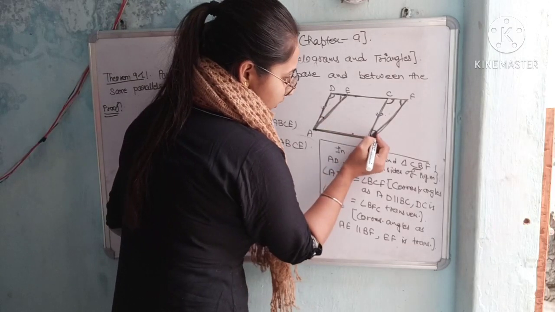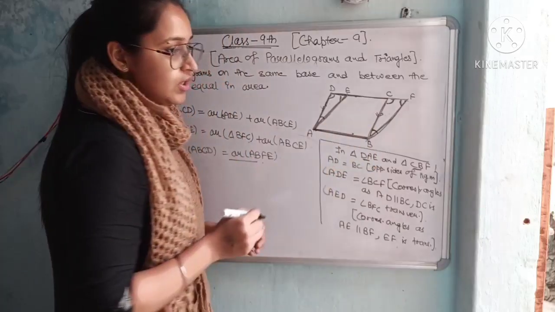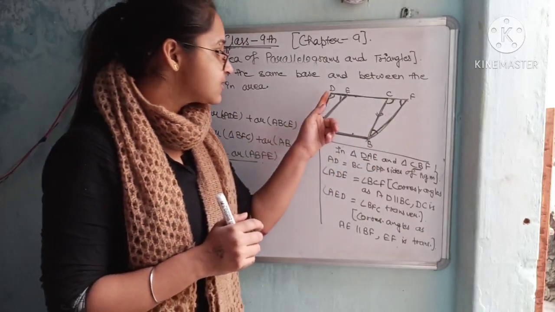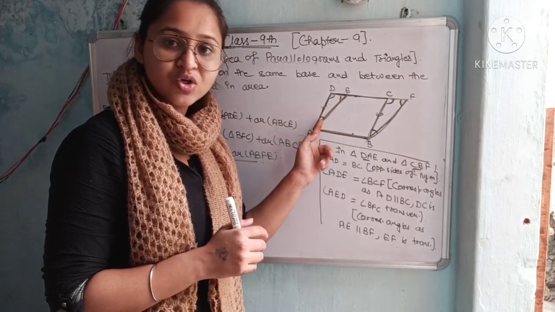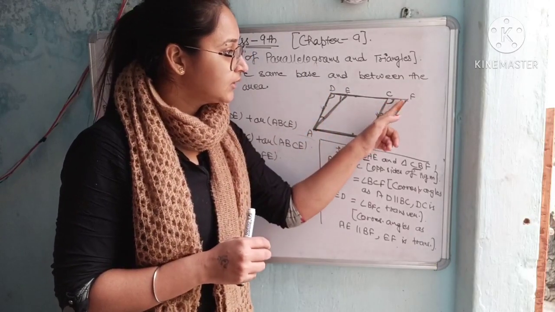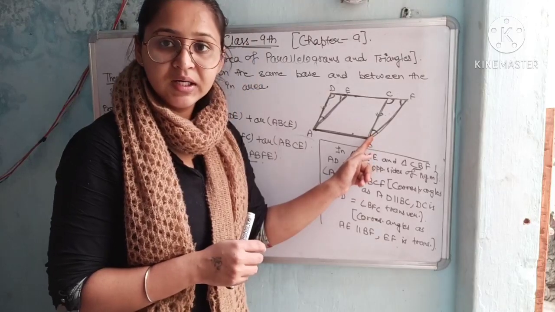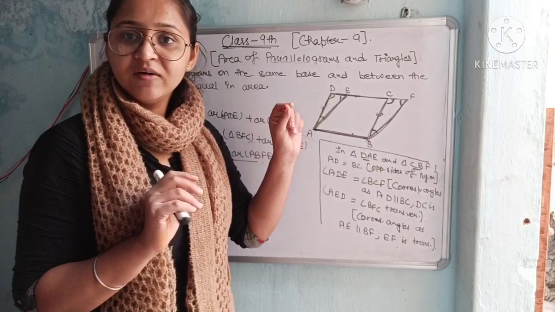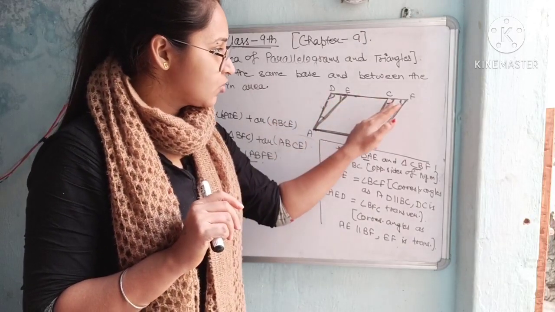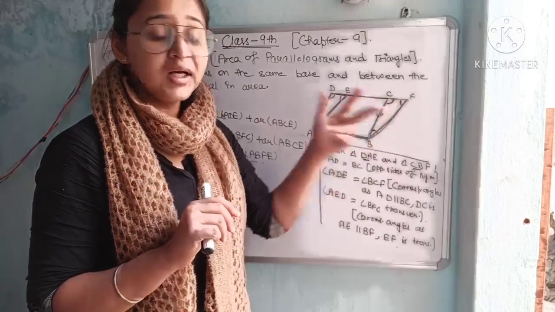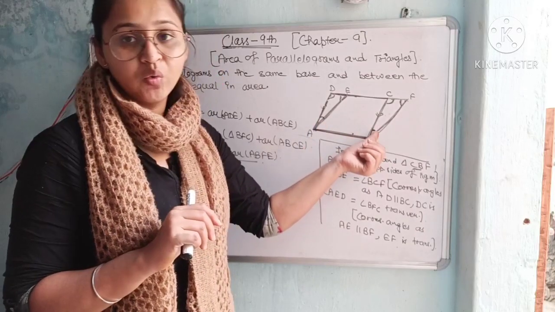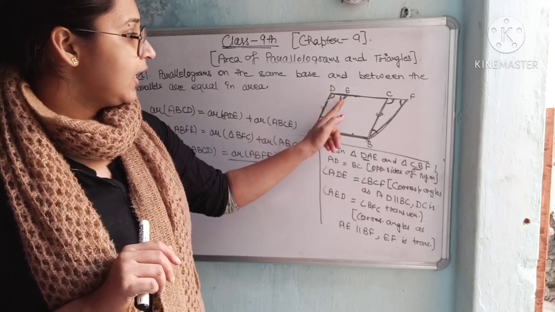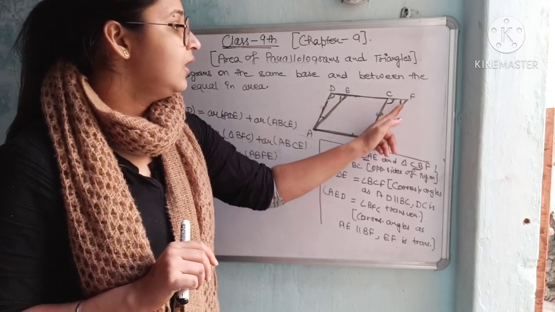For proving that these two angles are equal, we can show that the sum of angles of a triangle is 180 degrees. This angle plus this angle plus this angle is 180 degrees, and this angle plus this angle plus this angle is 180 degrees. Both equations have the same right hand side, 180, so the left hand side will be the same, and it means angle A will be equal to angle B. Or you can directly write from here angle, side, angle.